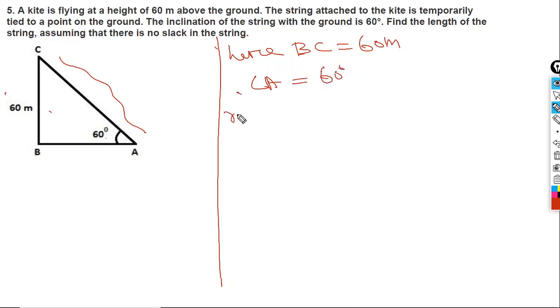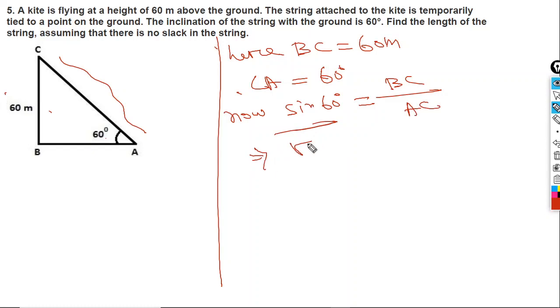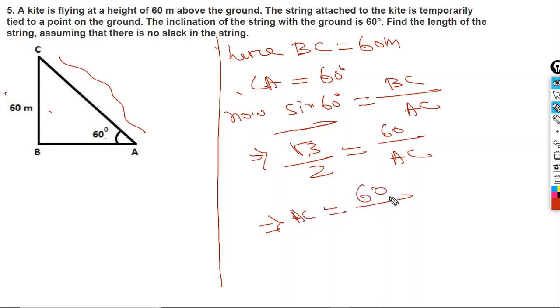Now sine 60 degree is equal to BC by AC, which implies sine 60 is root 3 by 2, which will be equal to BC length is 60 divided by AC, which implies AC will be equal to 60 by root 3 into 2.